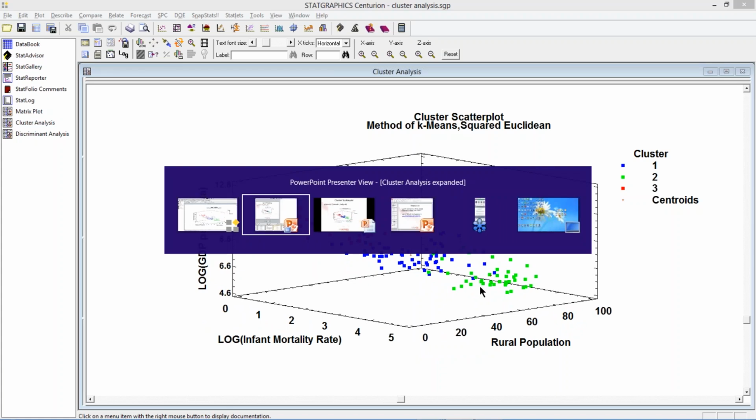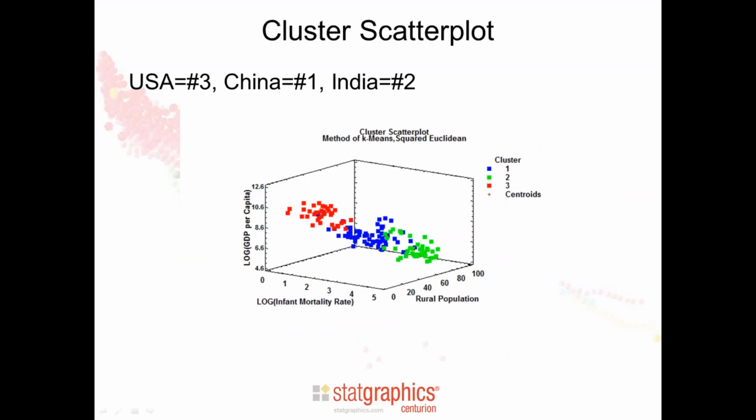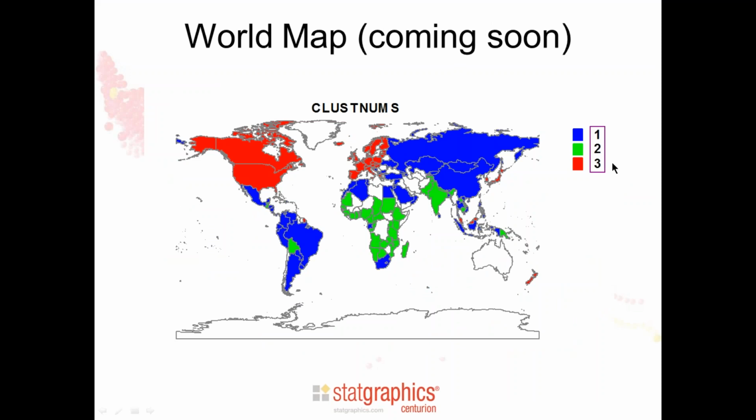Okay, now I want to show you one additional plot. This plot is not currently available, but will very soon be available. It will allow you to actually take the cluster numbers, save them away the way I just did to do the discriminant analysis, but then easily display them on a world map.